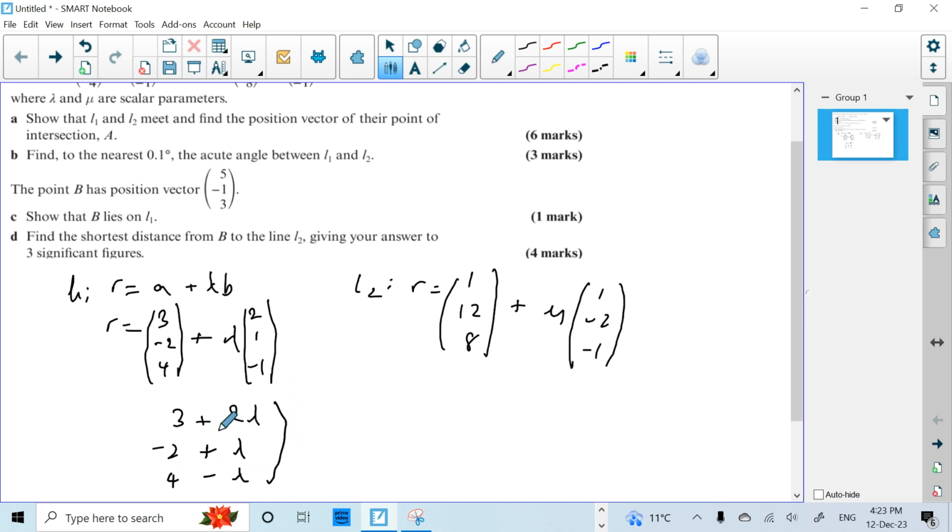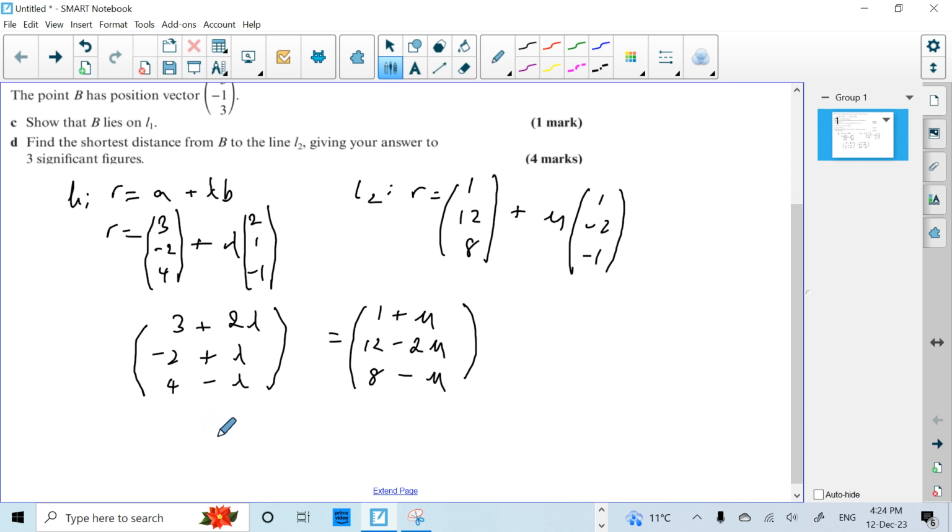And we're going to put that equal to the sum of what we have for L2, which is 1 plus mu, 12 minus 2 mu, and 8 minus mu. Because if the lines meet, they must be equal to one another.